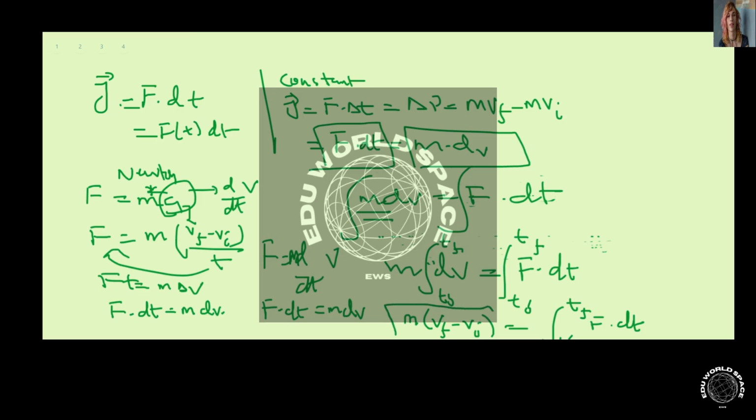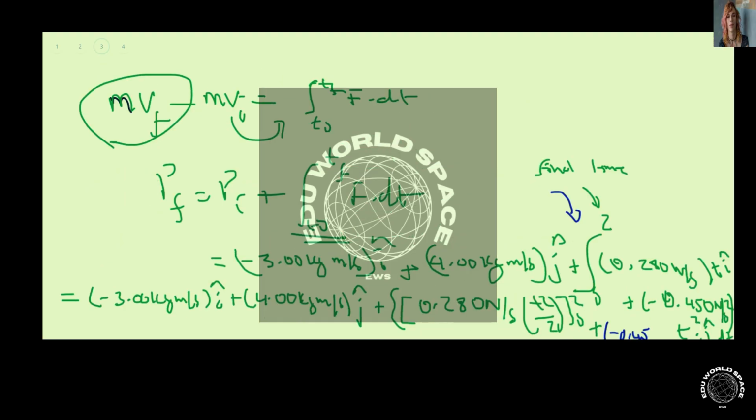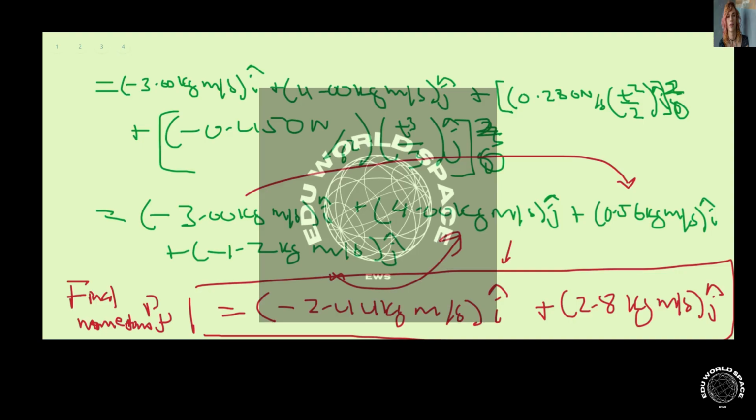That's going to make the left side constant in terms of change in momentum and allowing us to integrate the right side in terms of impulse. So these two, this is impulse and this is impulse. The left one is impulse in terms of an already constant mass, and then the right side is impulse in terms of an integral. We plug in the numbers, we move the initial momentum to the right, we do the math, and the final answer is that.